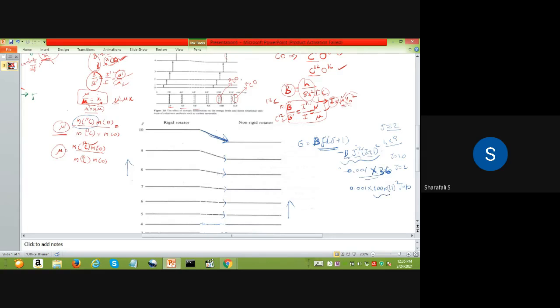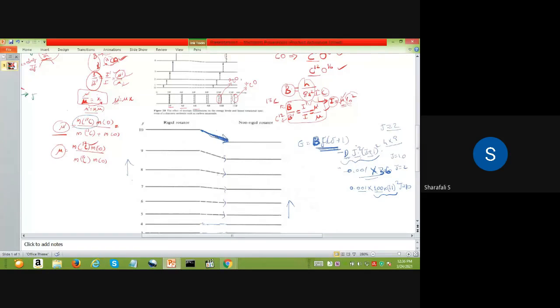So this will become a considerable value now, because if you multiply 100 into 0.001 itself, it will become considerable compared to this value, B into J into J plus 1. Okay, and then we have 11 square also. So that will become a considerable value as compared to this B into J plus 1. Then the effect of that on these energy levels will be higher.